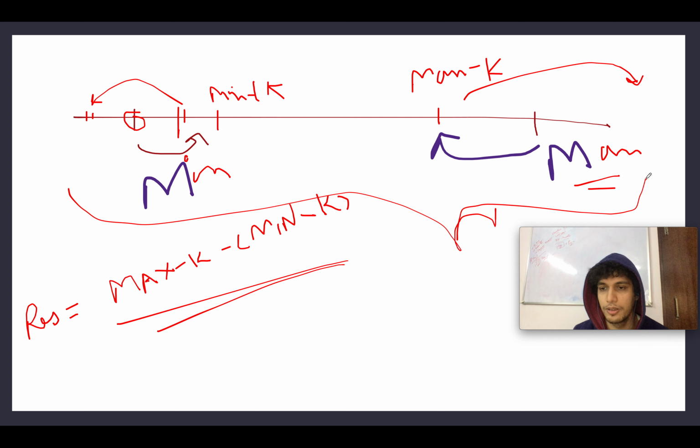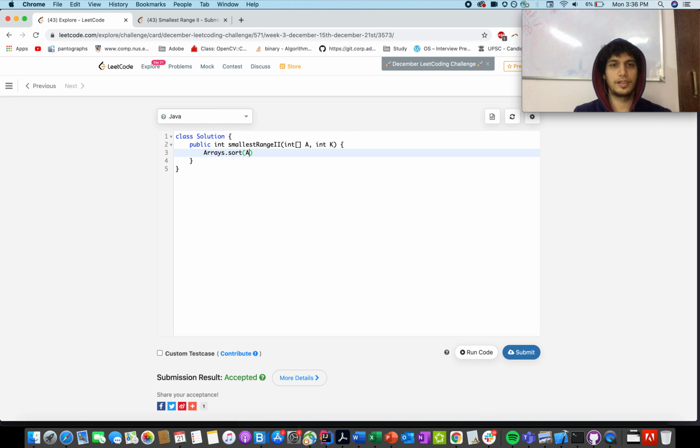We are going to do exactly the same. If you're still confused about the algorithm, you'll get a better grasp of it when I code it up. So let me just code it up, and then I think I'll be able to explain it clearly to you. Arrays dot sort a, and let's find the lowest value, the length of it. Len would be equal to a dot length minus 1.